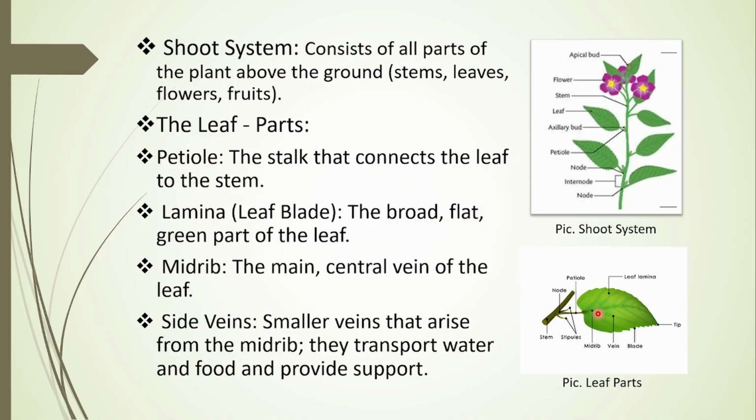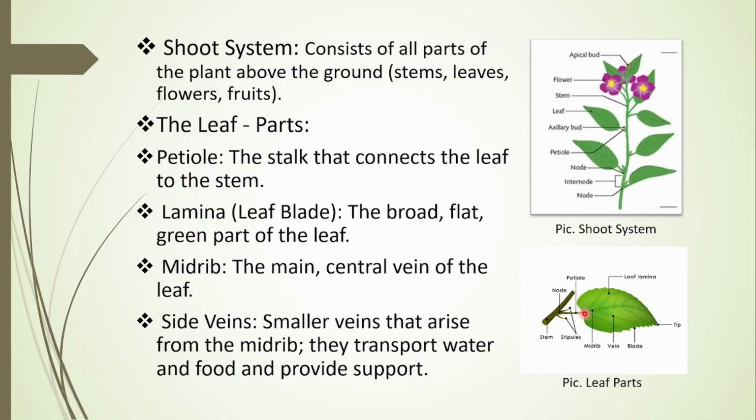This green part is known as leaf lamina or leaf blade. And midrib, the main central vein of the leaf. This is the main central vein.